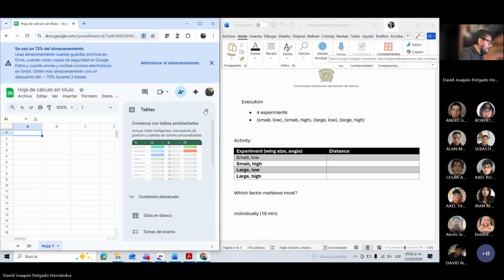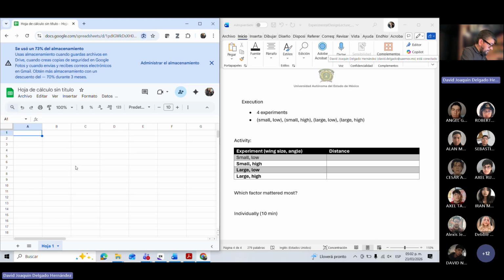So I will put experiment. Small, low, then small, high, then large, low.